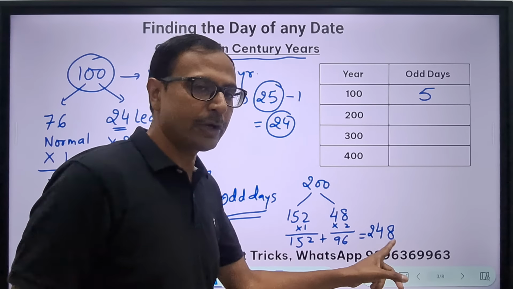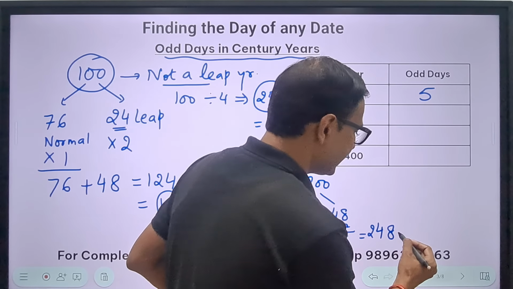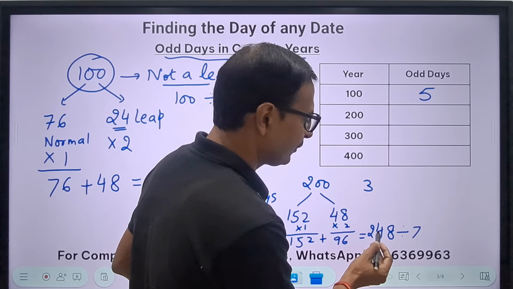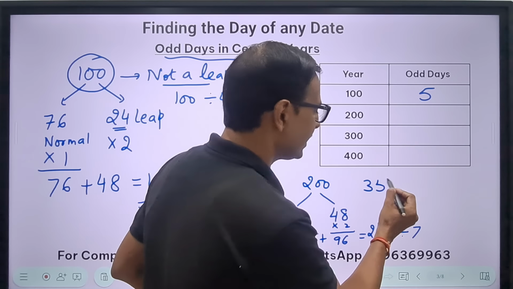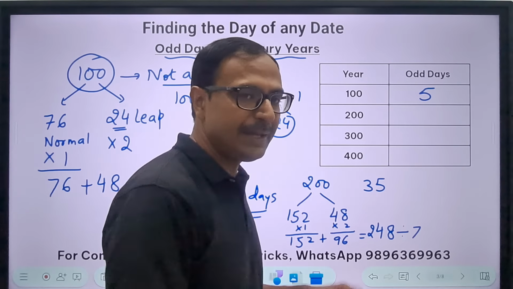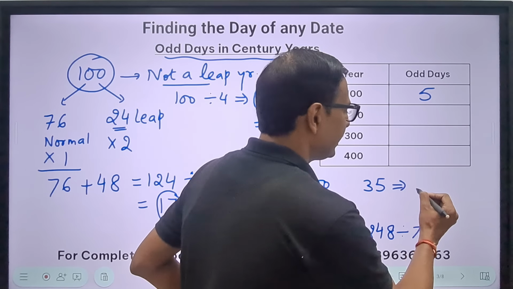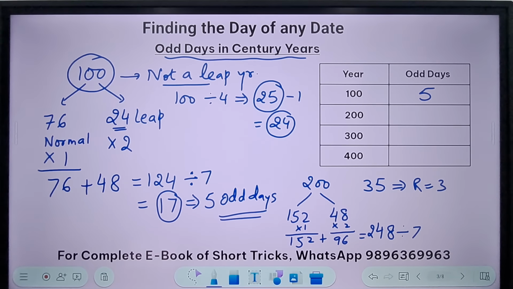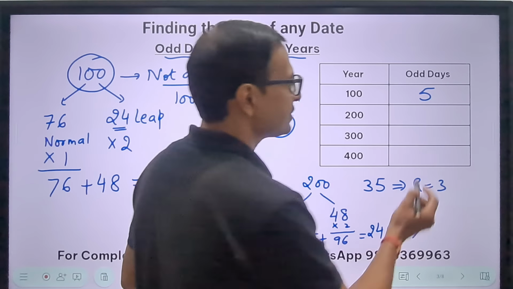Now 248, when you divide that by 7, 7 threes are 21, so 38, 7 fives are 35, so the remainder will be 3. That means you will get a remainder equal to 3, and therefore there are 3 odd days in 200 years.